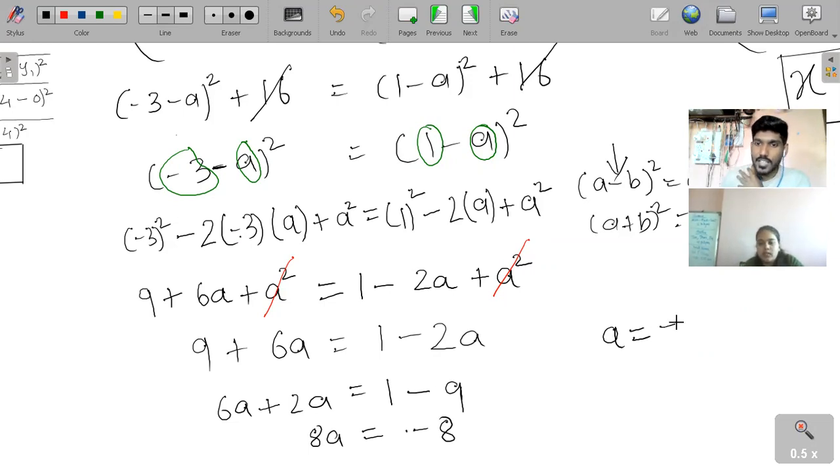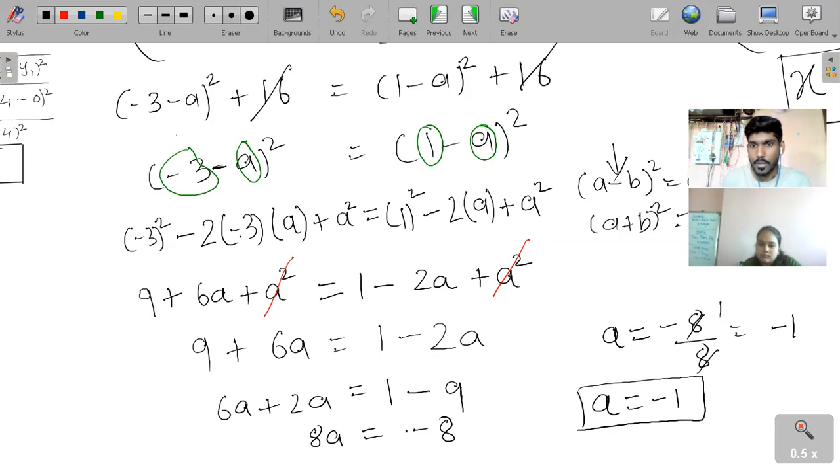Now, what will be a? Minus 8 upon 8, which is minus 1. 8 divided by 8 is 1, and the minus sign stays. So the value of a is minus 1. But what was a?